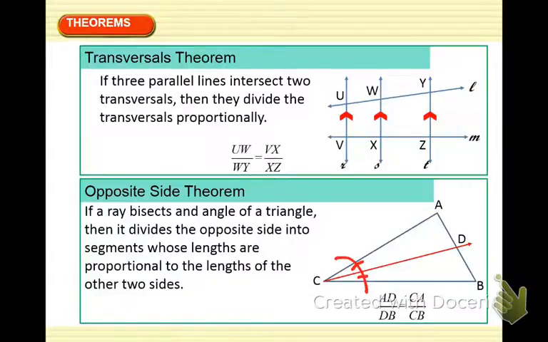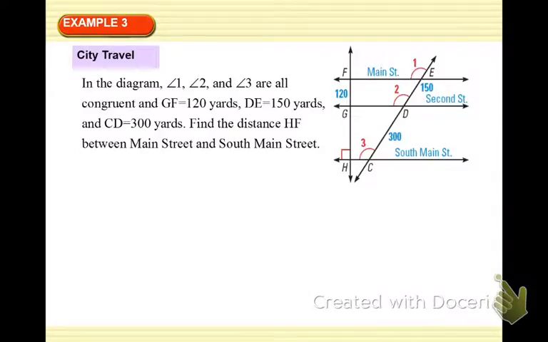Right? So the top part is to the bottom part as this top part is to this bottom part. Everybody clear? Okay, let's do some examples, then it's easier to see what we're talking about.